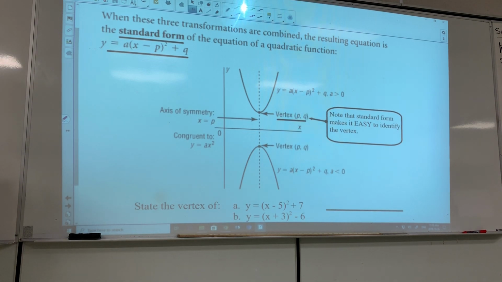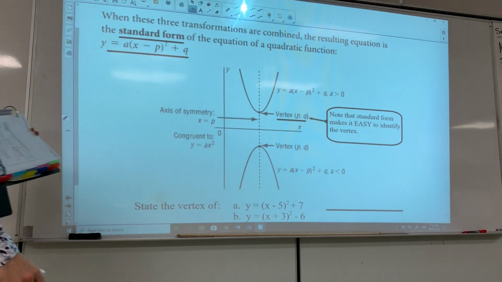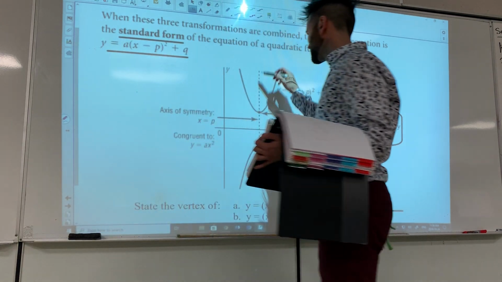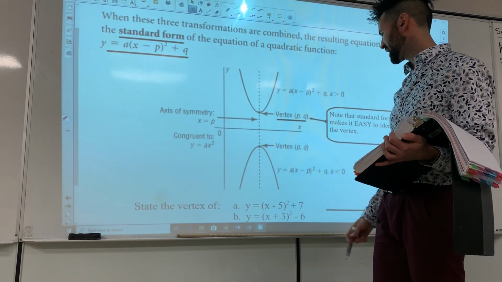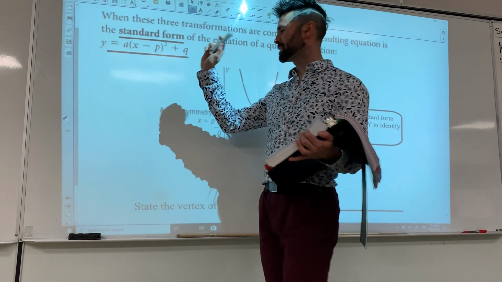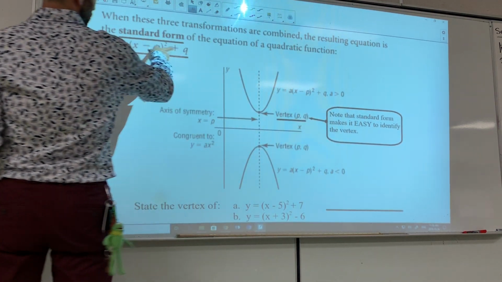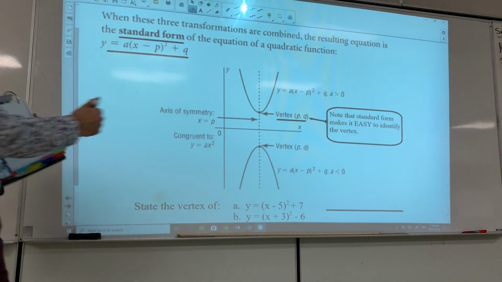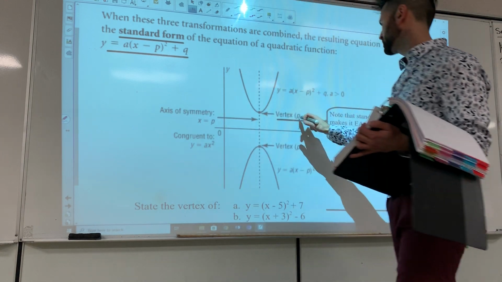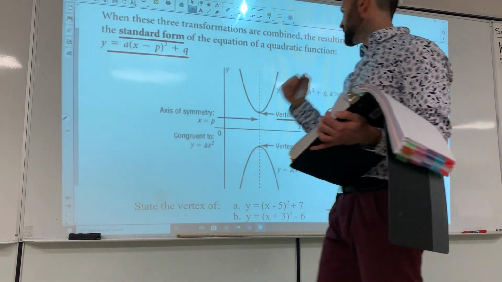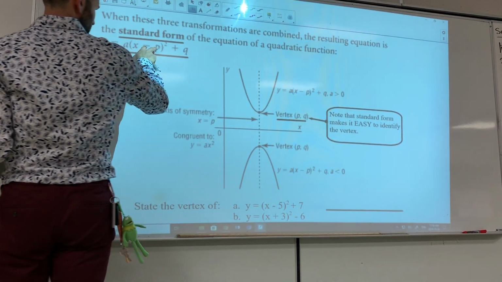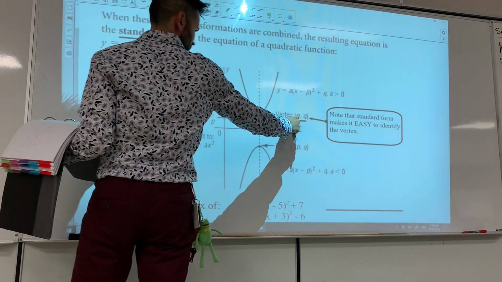So what we got on this diagram is basically just a recap of everything. So like the axis of symmetry, there's the vertex. By the way, this form is handy because from this form you can immediately grab the vertex. So if you look here, it says the vertex is at point (p, q). So what's that telling us? Because here in the equation it's negative p, and then here it's p.